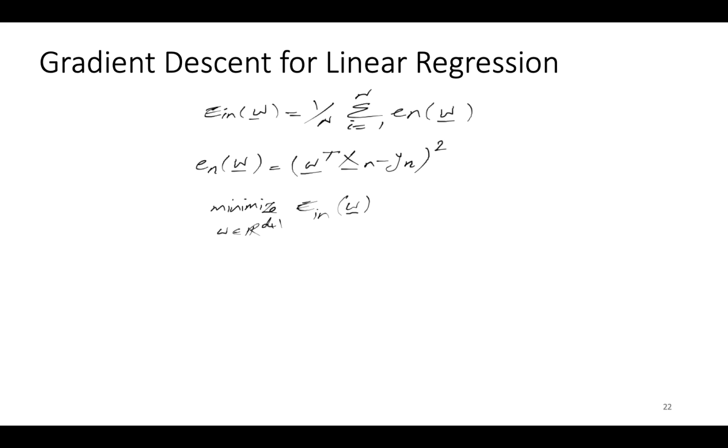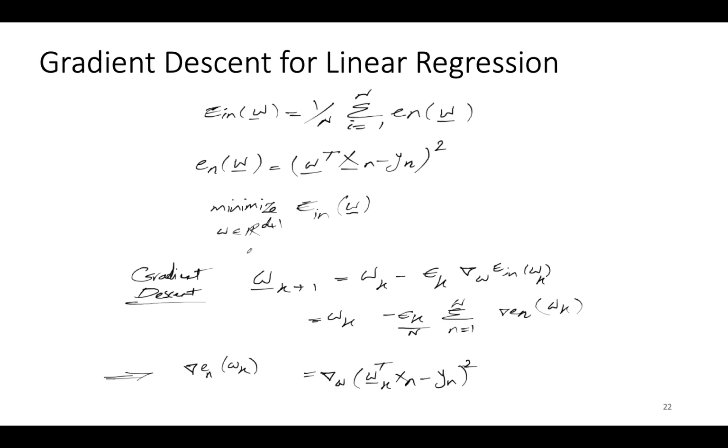Because at the end of the day, if you expand gradient descent for linear regression, it's as if you have 1 over n, the summation of your pointwise errors, right? You're going to expand it to w transpose xn minus your labels, and you want to minimize this, right? So applying gradient descent to find the next w at the point k plus 1 is going to be w k minus your step size delta k times the gradient of your in-sample error at the point wk, right?